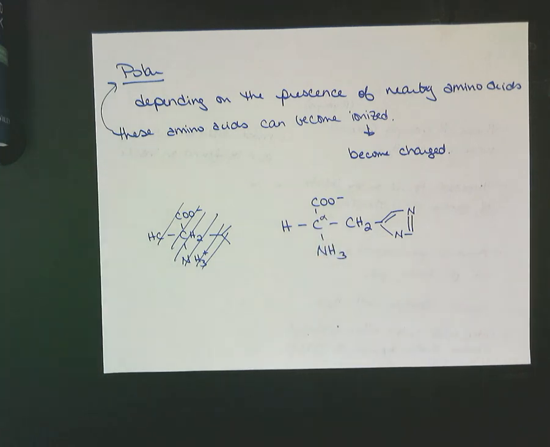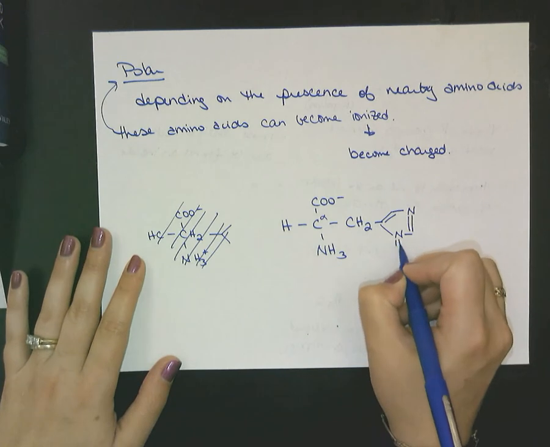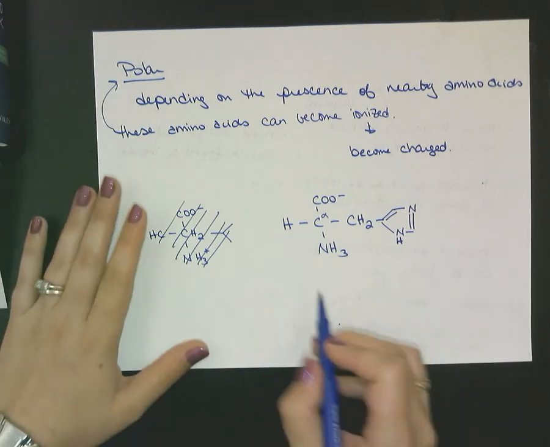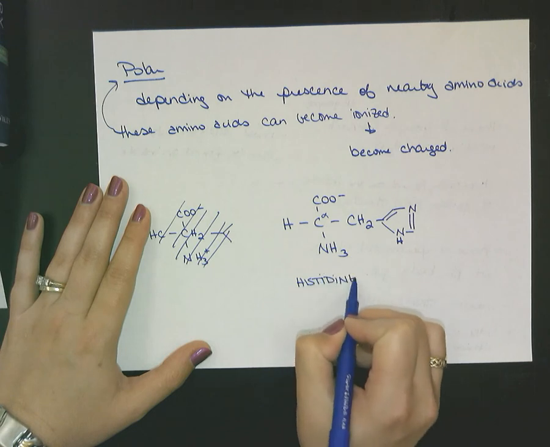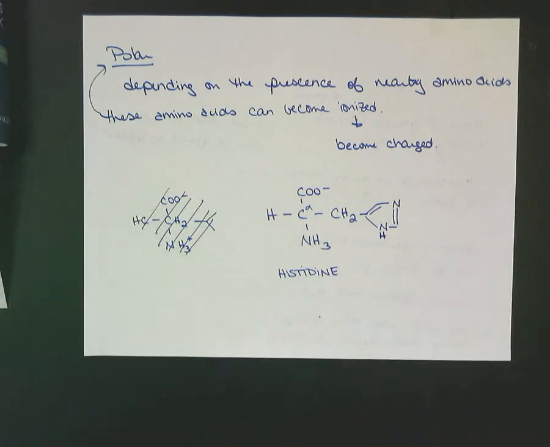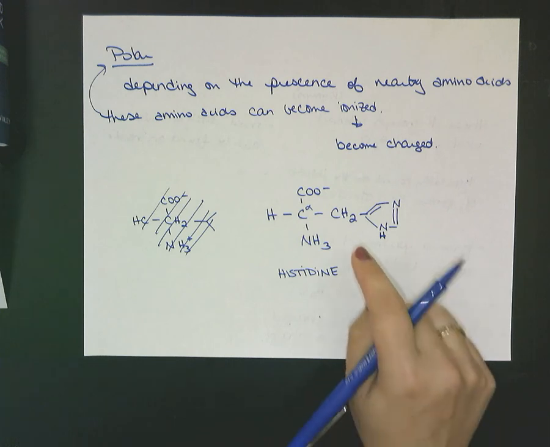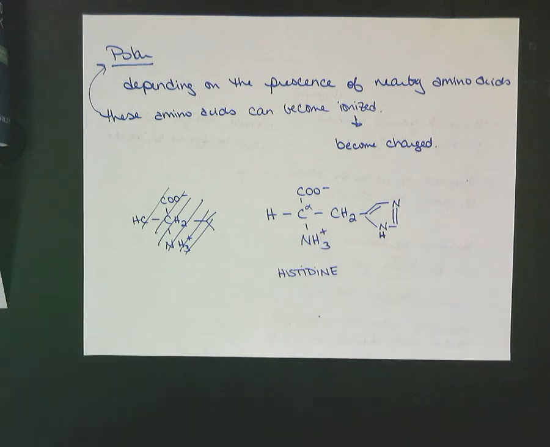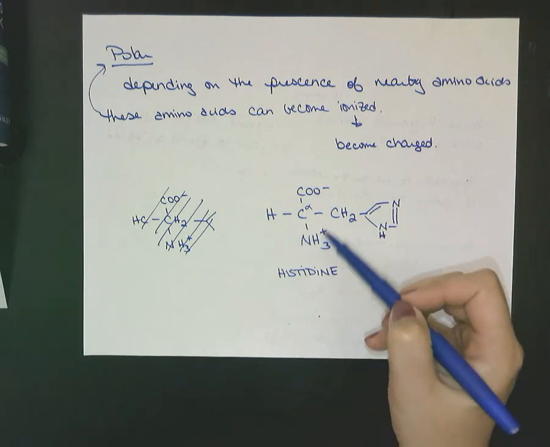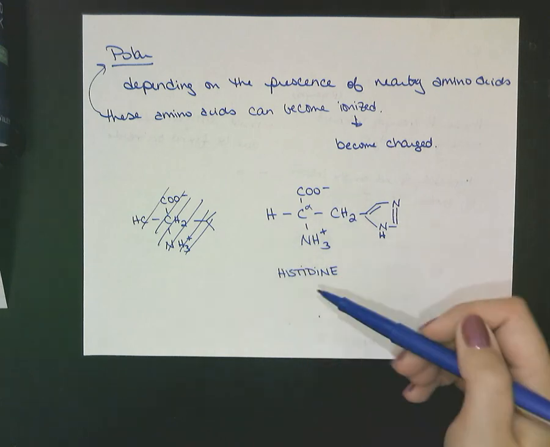Is histidine chiral? Yes, it is also chiral. Not a trick question. This is histidine in its neutral state, right? It's both positive and negative, but overall, it doesn't have any charge.